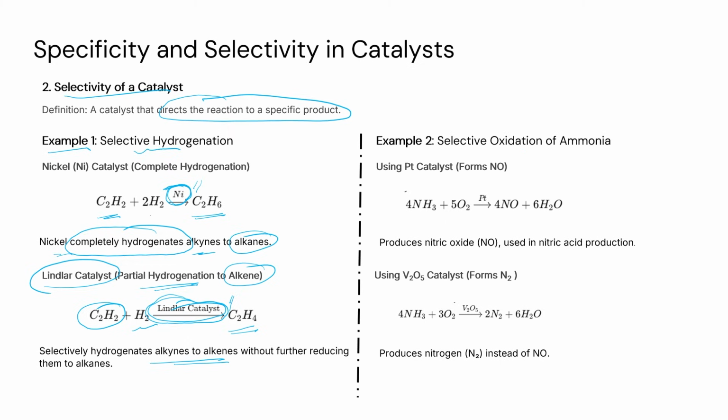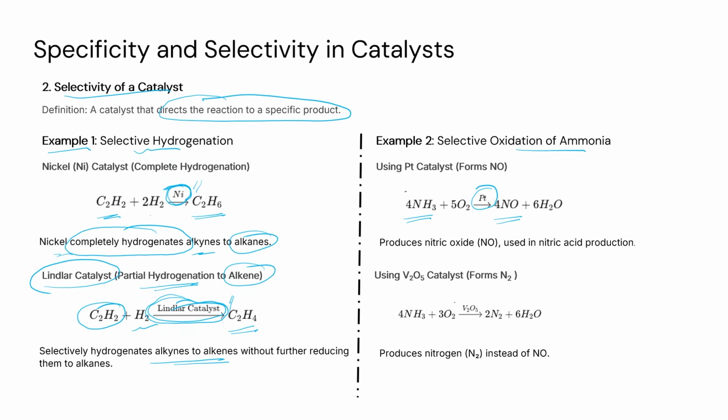Let us talk about oxidation of ammonia. Oxidation of ammonia can result in formation of multiple products. Now suppose you are performing oxidation reaction of ammonia in presence of platinum as a catalyst, what you are going to get is nitric oxide as your product.